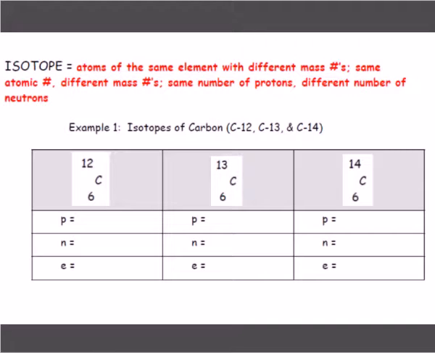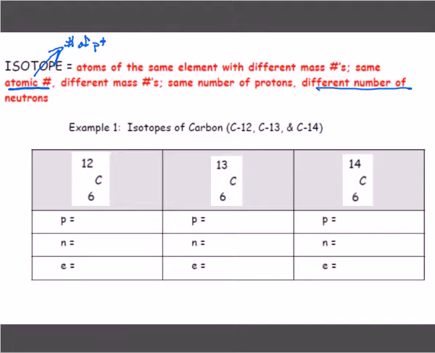This is now in your notes. Guys, isotopes are atoms of the same element, but they have a different mass number. Same atomic number, which again, what does atomic number tell us? What corresponds with atomic number? The number of what? Protons. So protons doesn't change, but the mass is changing. So what do they have a different number of?